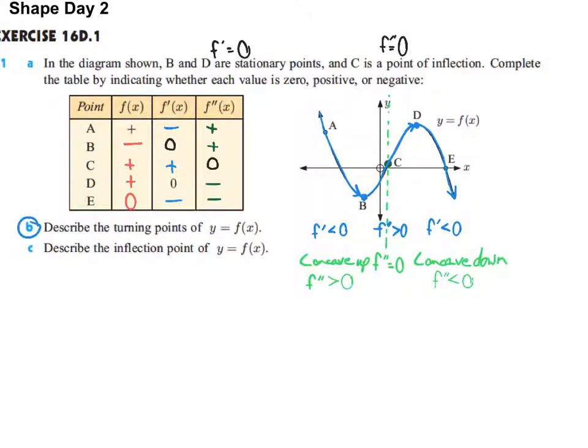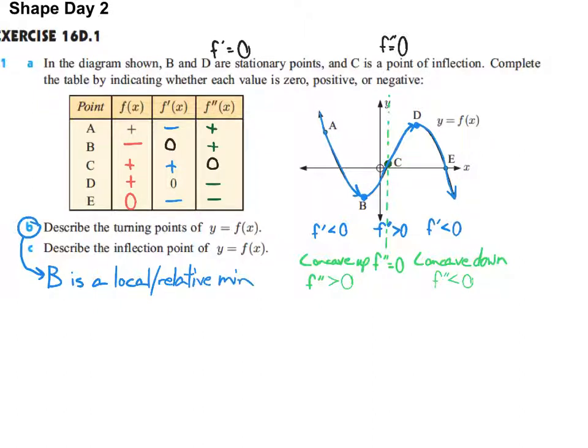B. Alright, B. And B is a what? How would we describe that? Minimum. It's a local min, yep. Local or relative, you could say. Minimum point.